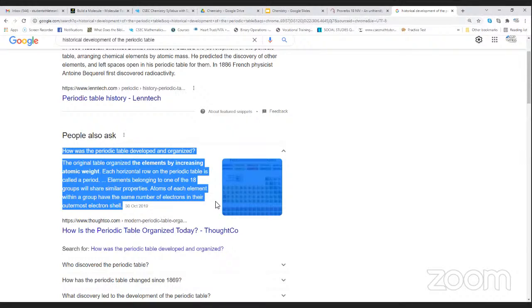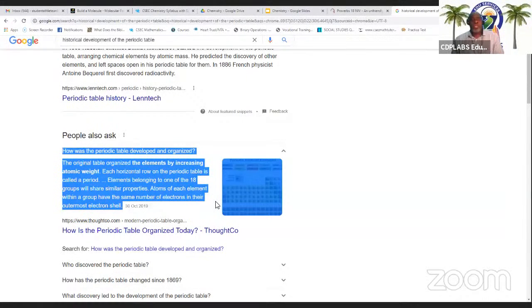Each horizontal row on the periodic table is called a period. Elements belonging to one of the 18 groups will share similar properties. Atoms of each element within a group have the same number of electrons in their outermost electron shell.